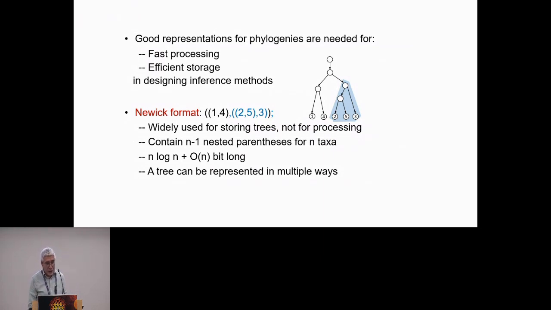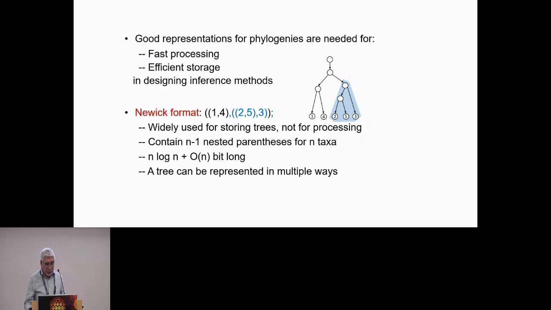Basically, we need a representation that can be used for faster processing or efficient storage. The popular one is the Newick format. It's widely used for storing trees, but not for processing.